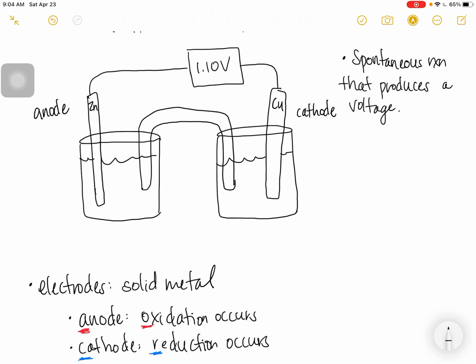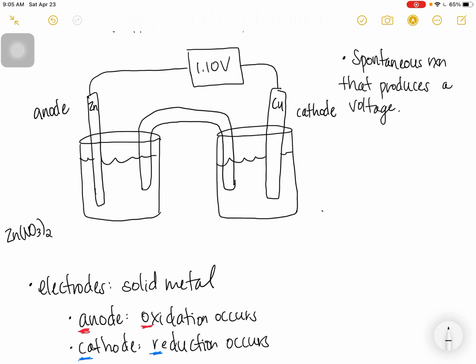So each beaker will contain the ion of the metal electrode. So in this beaker, we have to have a solution that contains zinc plus 2, and in this beaker, we have to have a solution that contains the copper ion in it. We're going to go with copper plus 2 in this case. So it could be anything, but it would need to be something that was soluble, that would give you a solution.